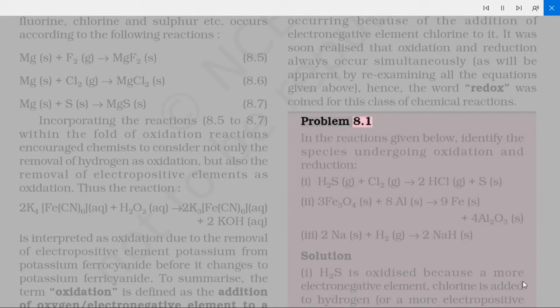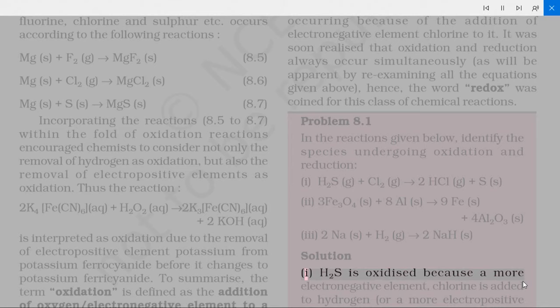Problem 8.1: In the reactions given below, identify the species undergoing oxidation and reduction: (i) H2S(g) + Cl2(g) → 2HCl(g) + S(s); (ii) 3Fe3O4(s) + 8Al(s) → 9Fe(s) + 4Al2O3(s); (iii) 2Na(s) + H2(g) → 2NaH(s).